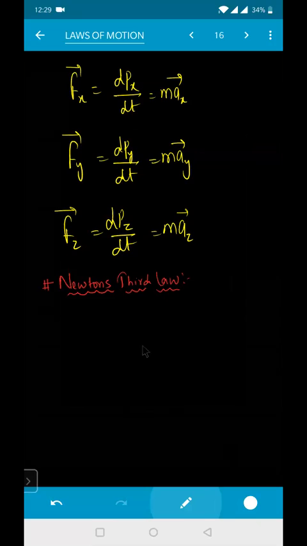That means whenever one object exerts a force on the second object, the second object also exerts the same amount of force on the first object.